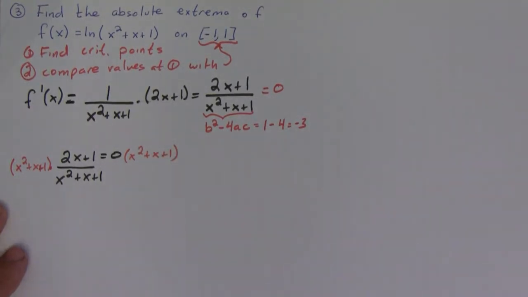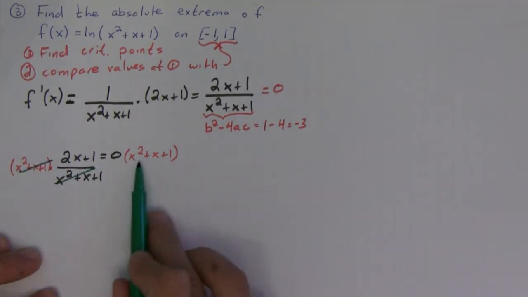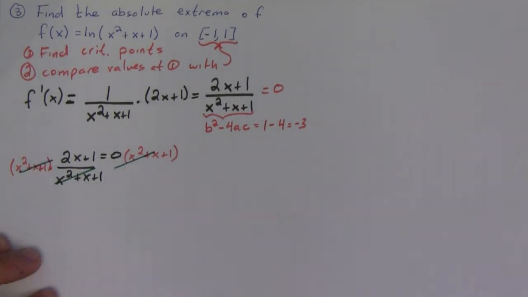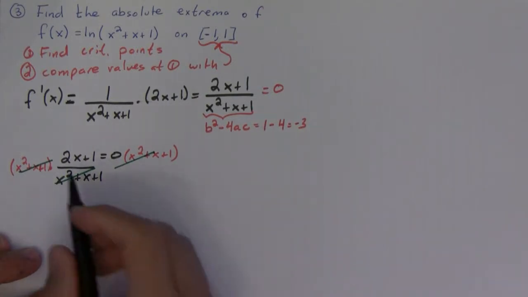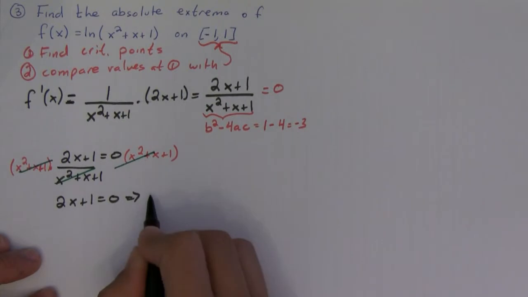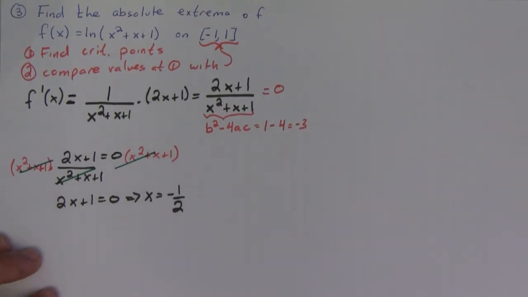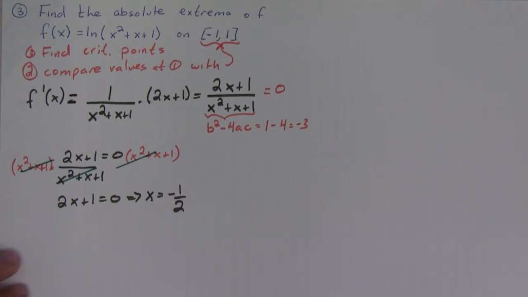So on the left, the denominator is going to cancel, and on the right we're just going to get 0, since 0 times anything is just 0. So 2x plus 1 equals 0. That means that x equal to negative 1/2 is going to be a critical point. And that appears to be our only critical point.